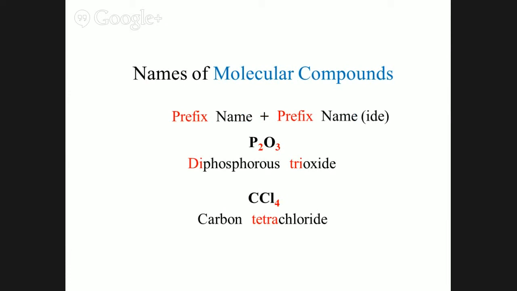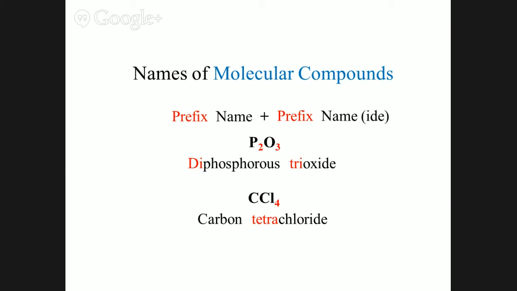All right, now something I didn't get to mention at all last time, molecular compounds. Basically the idea behind them is we have a prefix, a name, and then another prefix and name. The second name always ends in "ide." For example, P2O3, we have diphosphorus trioxide.